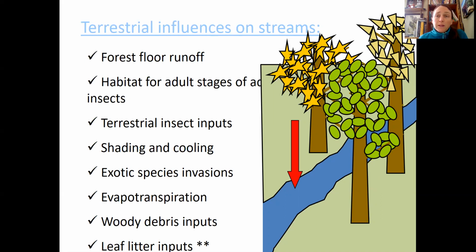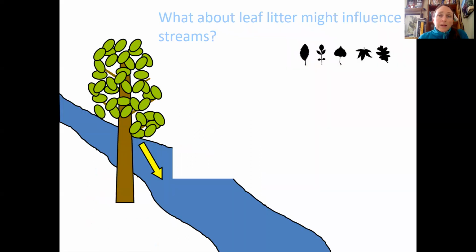So I'm going to focus mainly on leaf litter inputs. It's the area that I've done the most research in myself. And some of the questions that I've asked are, how do different species of trees influence leaf litter decomposition in streams? How do different mixtures of species influence streams? Do they have additive or emergent effects when you mix leaves together?